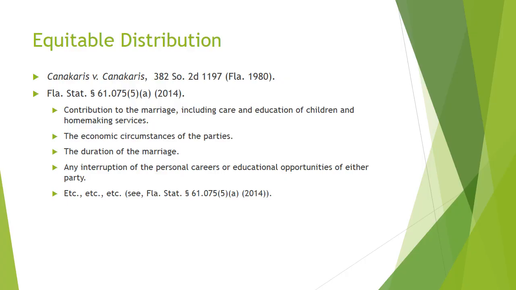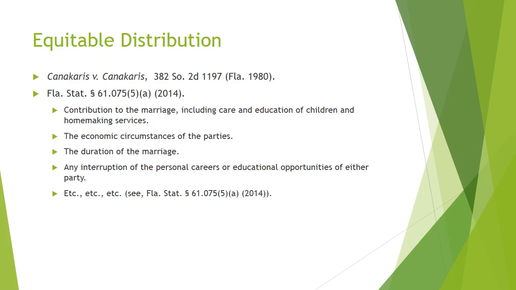And the Florida statute that I've cited here, 61.075(1)(a), provides several examples that might support an unequal distribution. The contribution of each party to the marriage may be a reason, or one party advancing the career of the other.